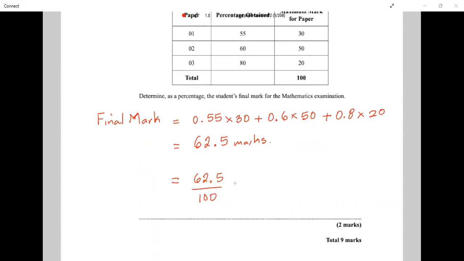To convert that to a percentage, you must now multiply by 100. The 100 cancels 100. So what she got was 62.5%. So therefore, the student's final mark as a percentage, she got 62.5%. All right, and that's the end of the question.